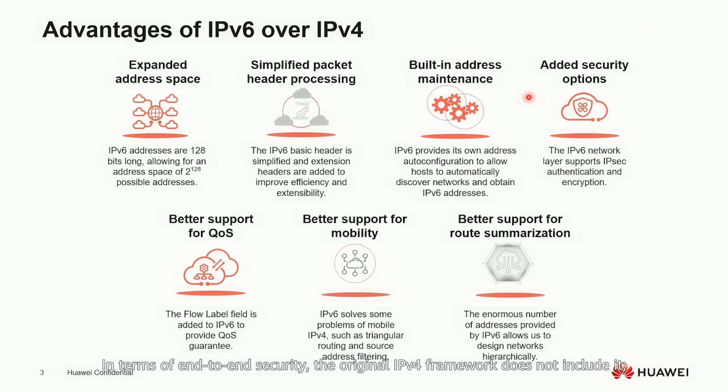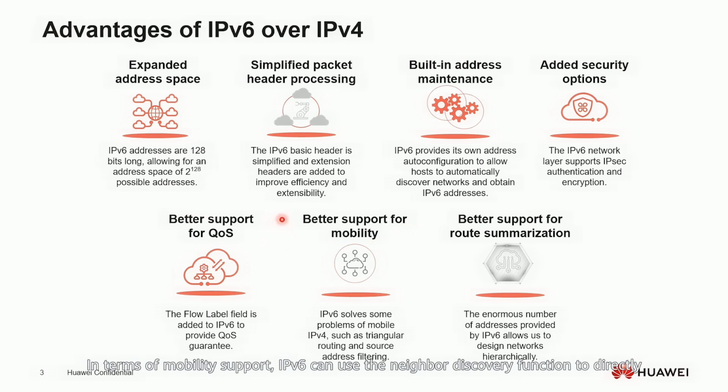In terms of end-to-end security, the original IPv4 framework does not include it, whereas IPv6 supports IPsec authentication and encryption at the network layer. In terms of QoS guarantee, with the popularization and application of network audio and video, flow labels are added to IPv6 to provide better QoS guarantee.